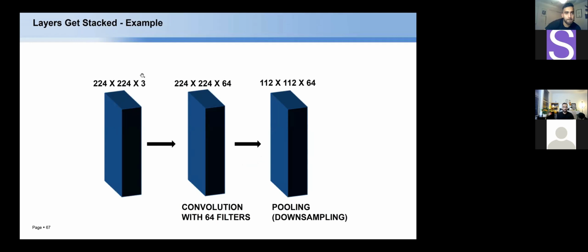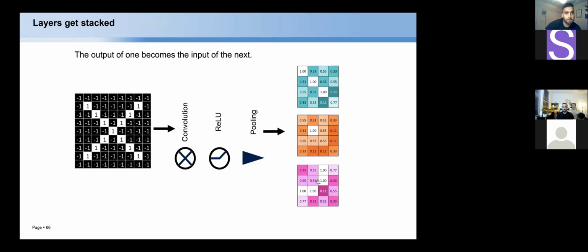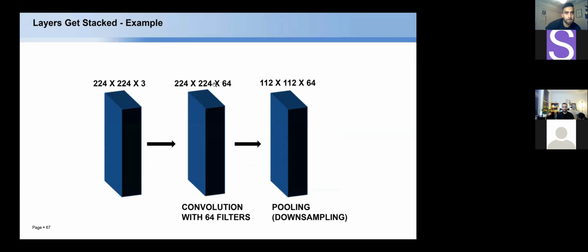Let's say we had three, which refers to the RGB channels. If you remember over here, we had three filters that we used in the starting. But let's say I'm using 64, then I would be getting an output with a channel size of 64, and so on and so forth. I'll be performing pooling and all those things.